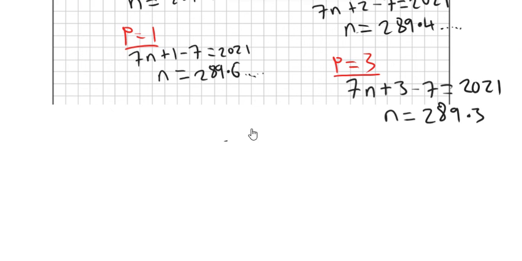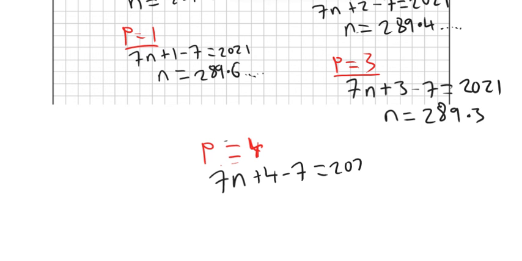Try p equals 4. So 7n plus 4 minus 7 equals 2021. Solve it again, bring across everything, and you should get n is equal to 289.1.